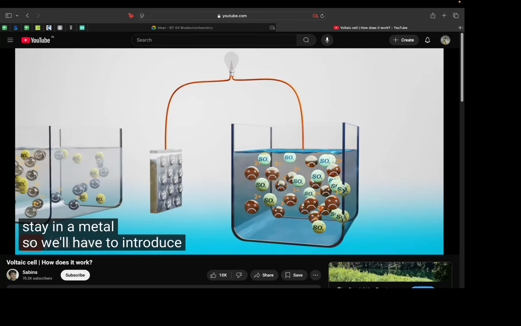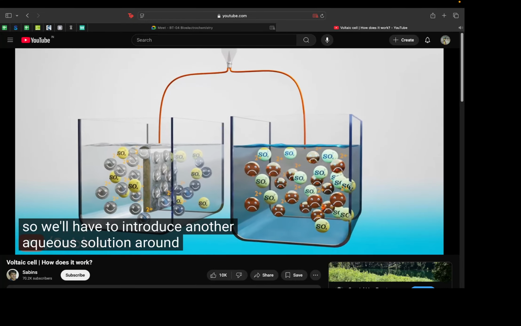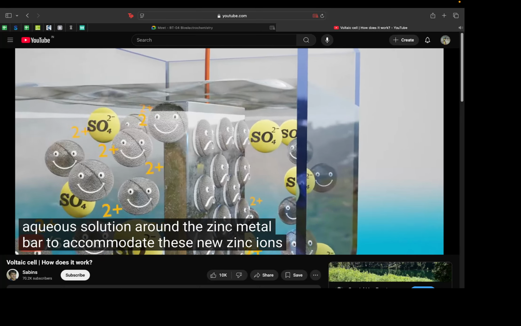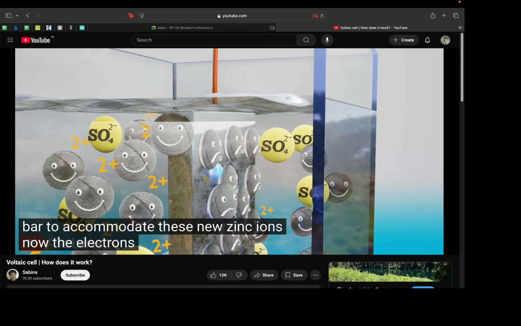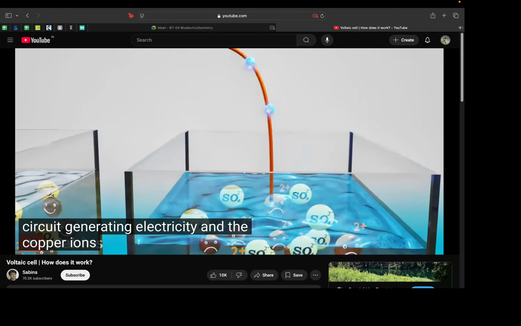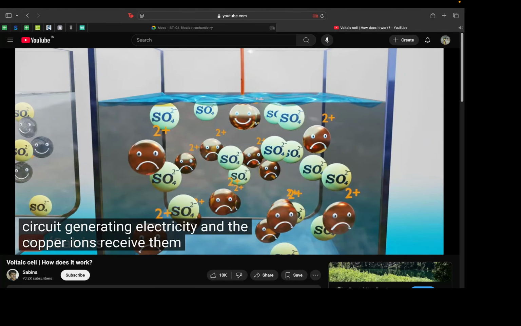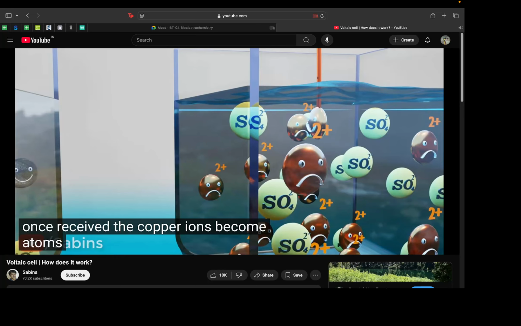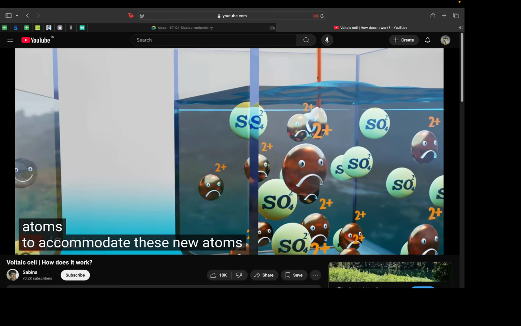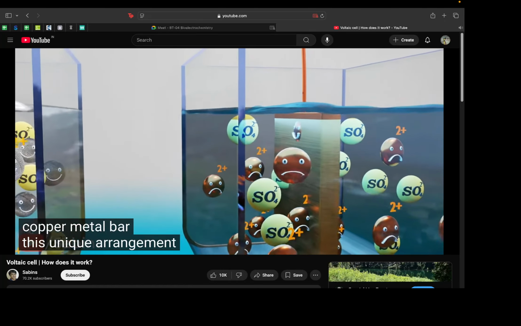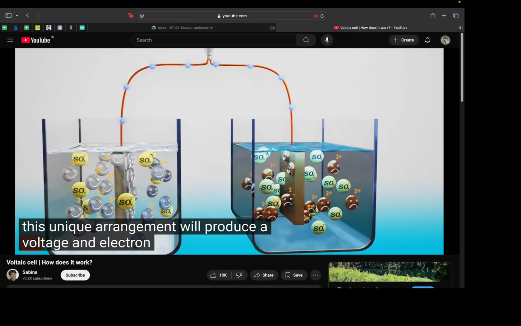So we'll have to introduce another aqueous solution around the zinc metal bar to accommodate these new zinc ions. Now the electrons flow through the circuit, generating electricity, and the copper ions receive them. Once received, the copper ions become atoms. To accommodate these new atoms, we need a copper metal bar. This unique arrangement will produce a voltage and electron flow.